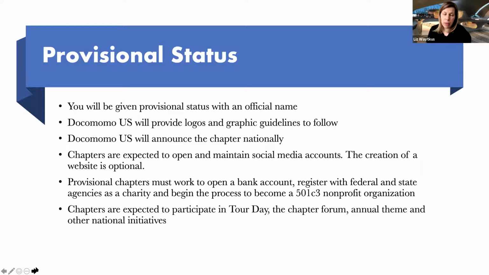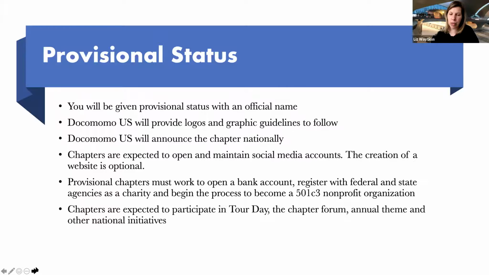And then lastly, chapters are expected to participate in all of our programs, including Tour Day. The chapter forum is a gathering that we have during the National Symposium, where we get together around that big table, like I was talking about during Docomomo International's events.